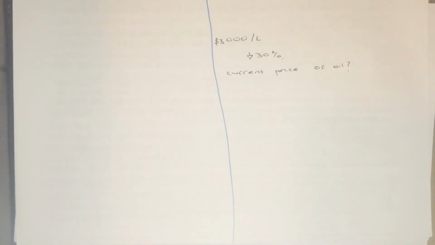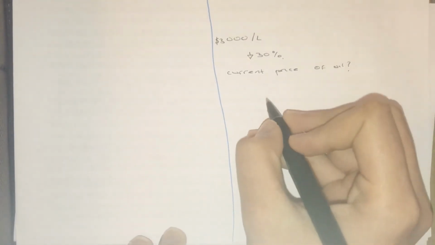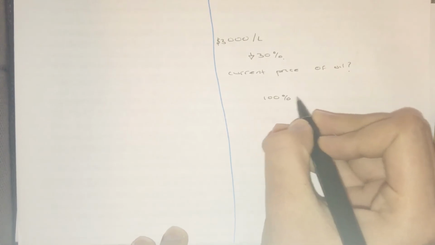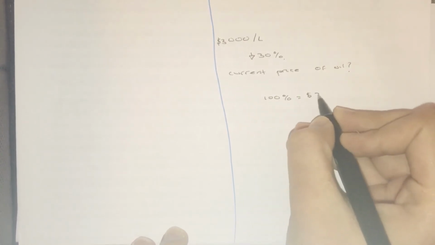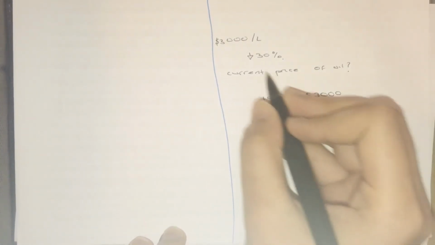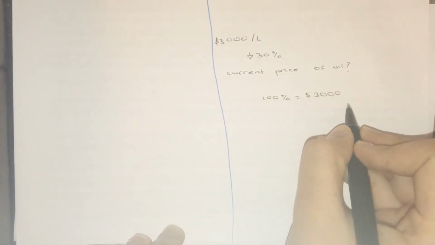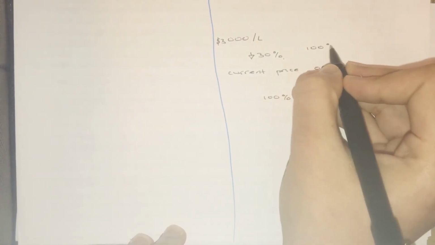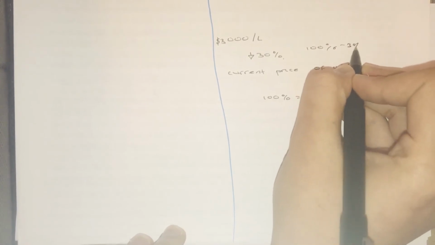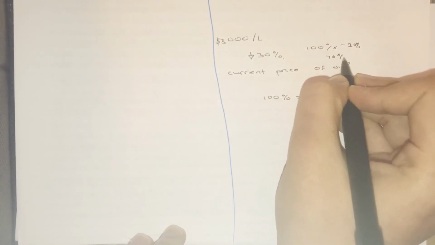So first you do 100% is equal to $3,000. Now it reduced by 30%. So 100% minus 30%, you get 70%.